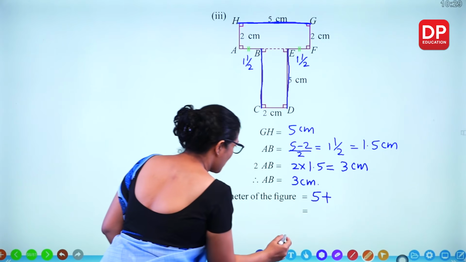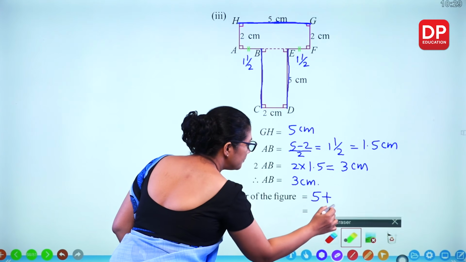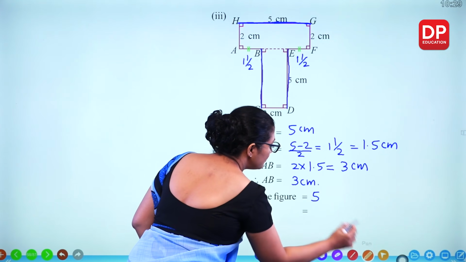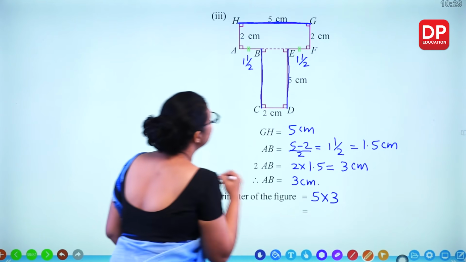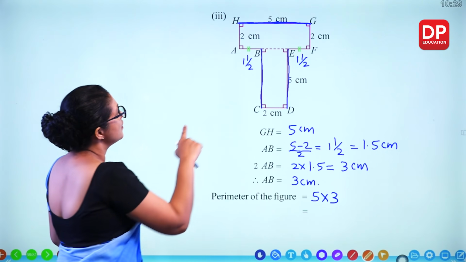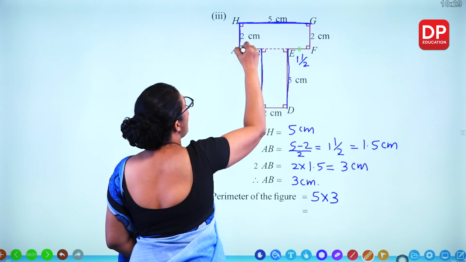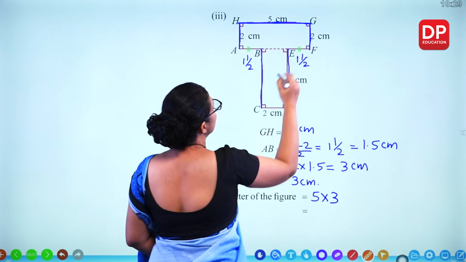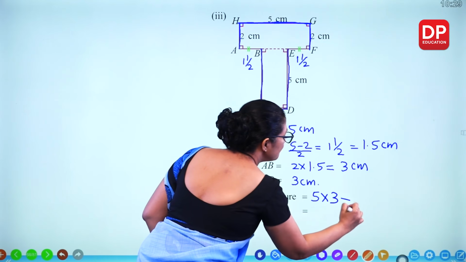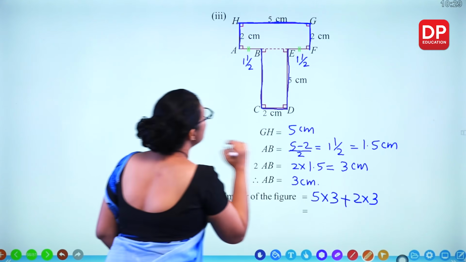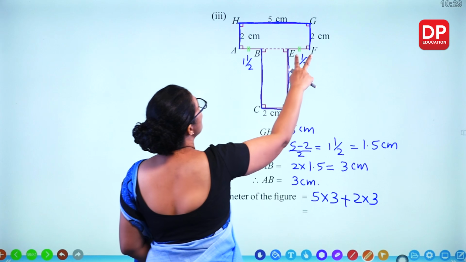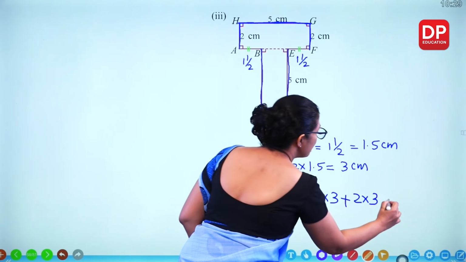So I'll multiply 5 by 3. 5, 3 times, then 2. 1, 2, 3. Then 1.5 and 1.5, we get 3.